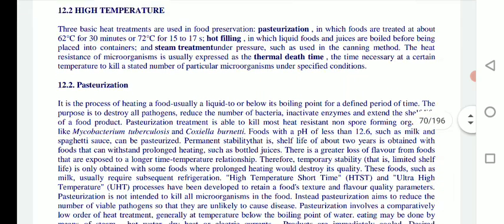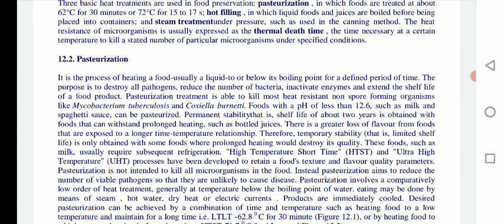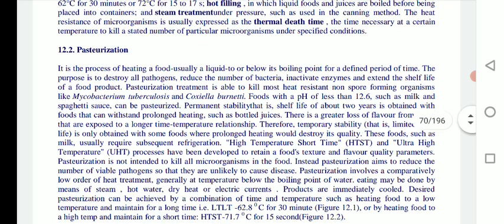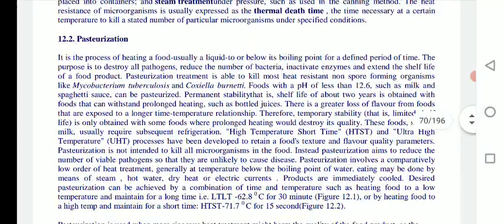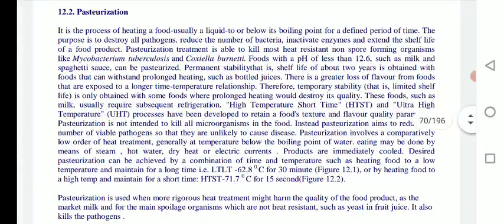Pasteurization is the process of heating food, usually liquid, to or below its boiling point for a definite period of time. We provide heat for a specific time, and there are different combinations of heat and time. The purpose is to destroy pathogens, reduce the number of bacteria, inactivate enzymes and extend the shelf life of the food product.